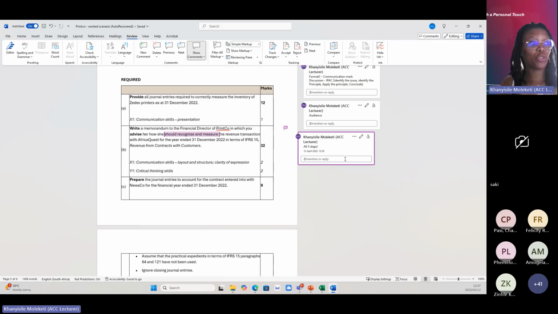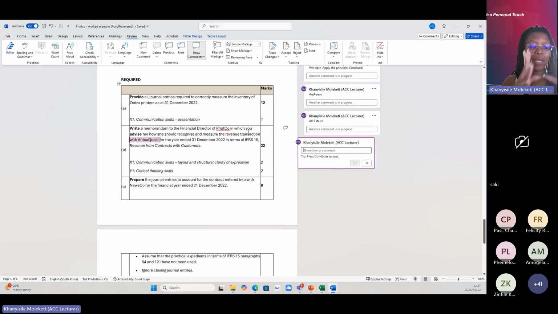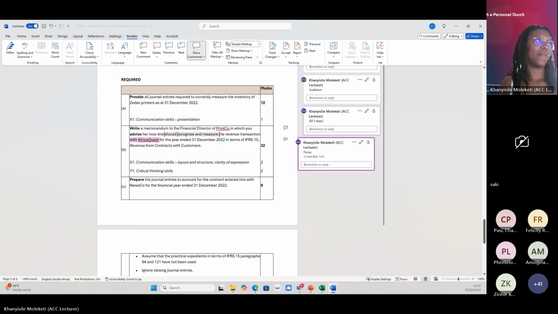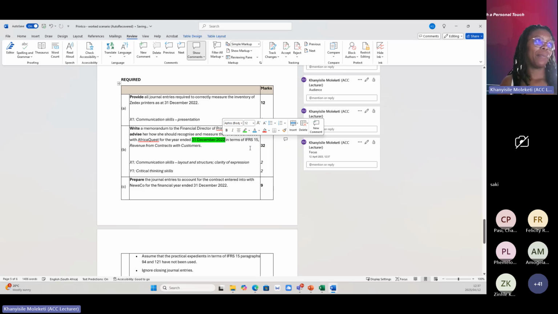Okay? So revenue, this particular question, recognize and measure everything. So the memo must speak to all 5 steps. Then, the question has a few different parts. So they're telling us exactly with who. So this focuses us where to focus on the question. We need to look at what is happening with Africa Quest. That's where we're looking. And then always, which year? So always be key because in multiple questions, I'll speak to 2 different years or 3 different years, and you need to be able to zone in as to which transactions affect this year.